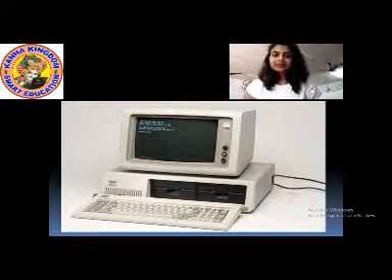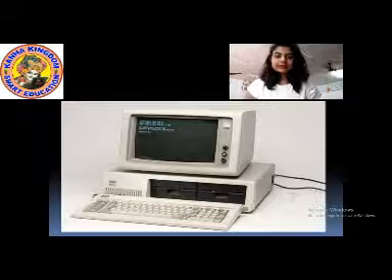Can you see? This computer is very small and very reliable compared to the previous computers. Now let us move to the next generation, that is fifth generation, the very advanced generation.